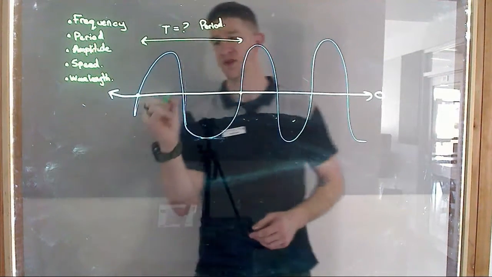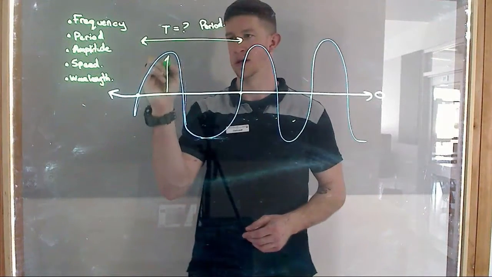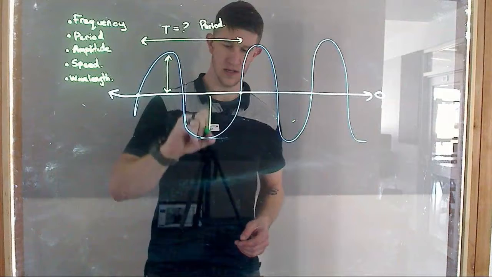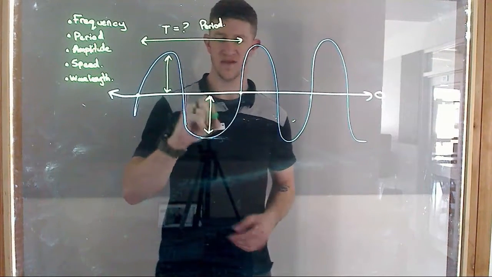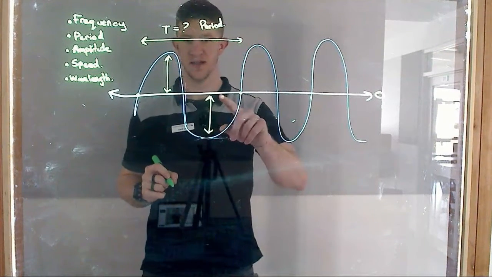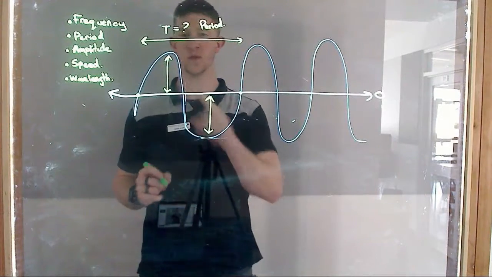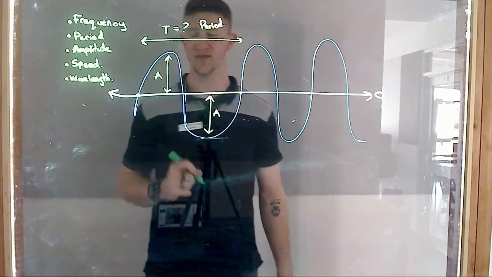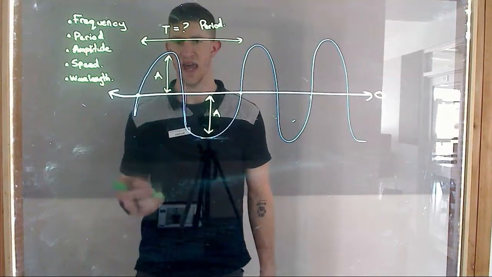So an amplitude is measured from the highest point to the center, or because it's a symmetrical wave, it would also be the center to the lowest point. These distances would be equal. And we use the symbol capital A to symbolize amplitude.